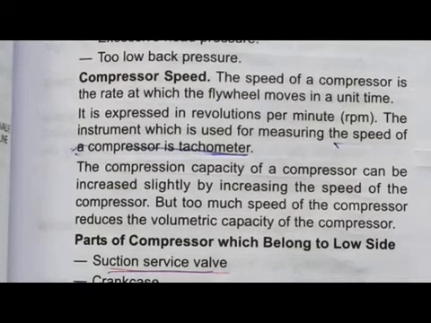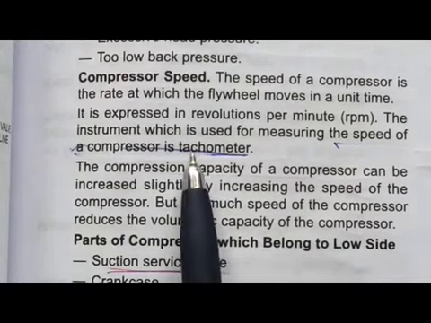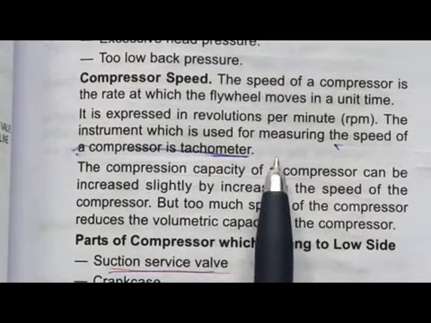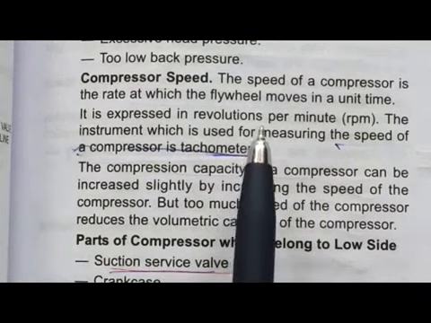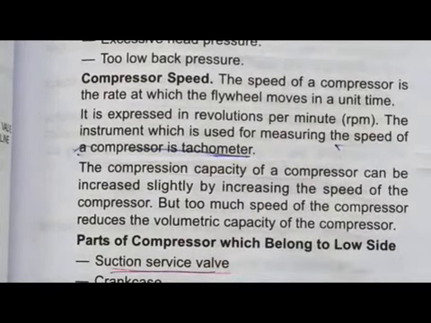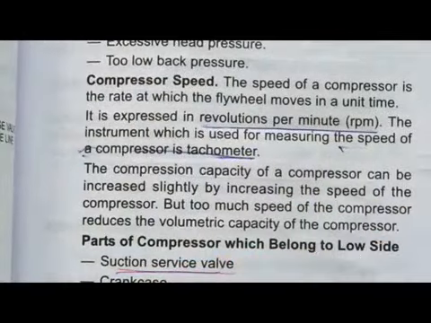The compressor speed is measured by the device you know, the tachometer, and it is measured in revolutions per minute.